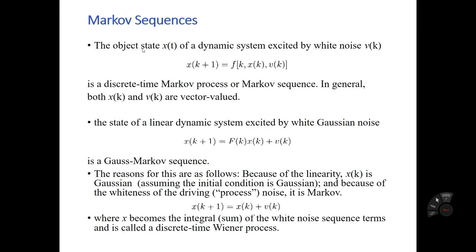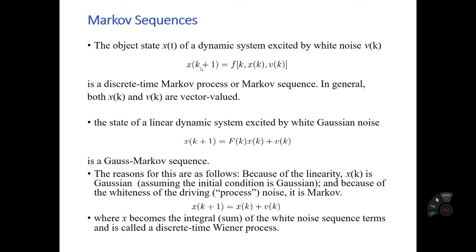And Markov sequence: suppose the object state x of k of a dynamic system is excited by a noise v of k. So white noise is added in the object state x of k. Then what will be the next scan object state? This is called a Markov sequence. Markov sequence means how the object state is propagated to the next time scan.